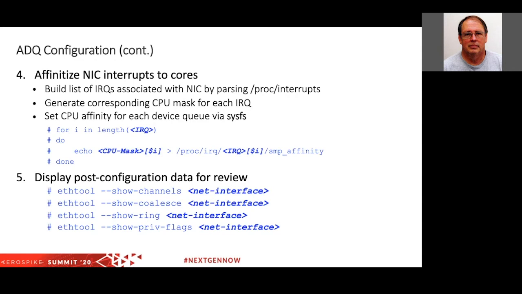And then finally, this is sort of a pseudocode shell script, but again, look at what's being substituted in the angle brackets. This series of commands is where you establish the one-to-one correspondence between the IRQ, which really means device queue, that's the interrupt that's associated with that device queue, and the core that's going to handle it.